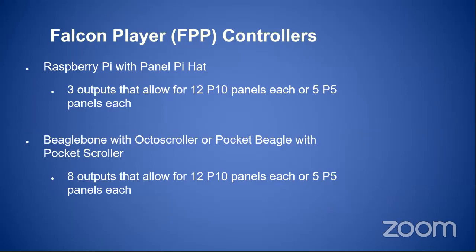And then we've got the Pocket Scroller. That's also a Dan Culp thing. That's where you're using a Pocket Beagle on top of a board that also has 8 outputs. The 8 outputs allow for 12 P10 panels. So you can, oh, you know what? One of these is wrong. I think this one's wrong.